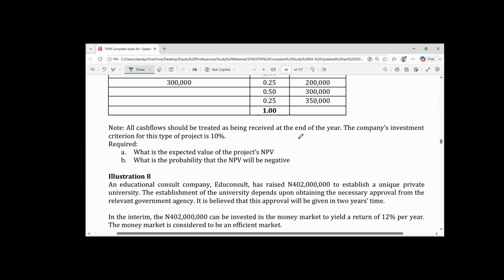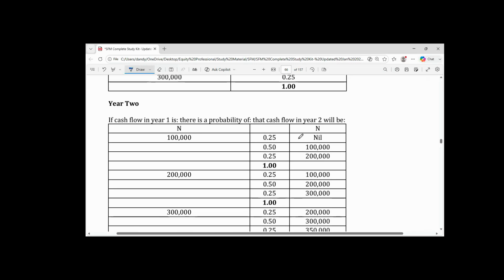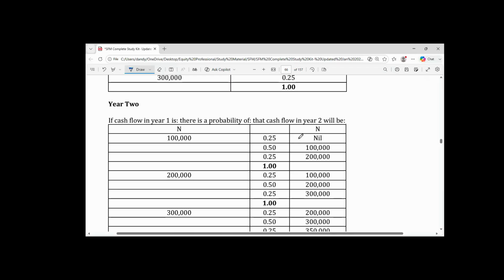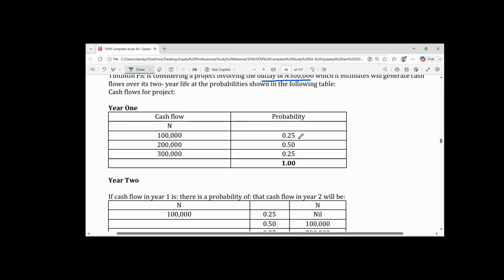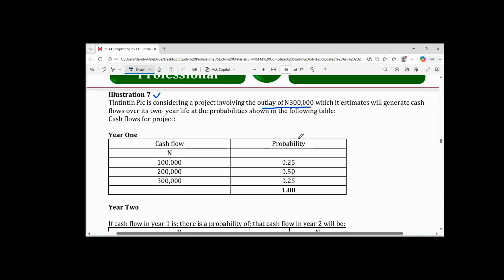Am I using the expected value method, simulation method, or decision tree? In this question, I can't see anything like random number. Therefore, I cannot use simulation. So I have 2 options left. Either I use expected value method or I use decision tree.